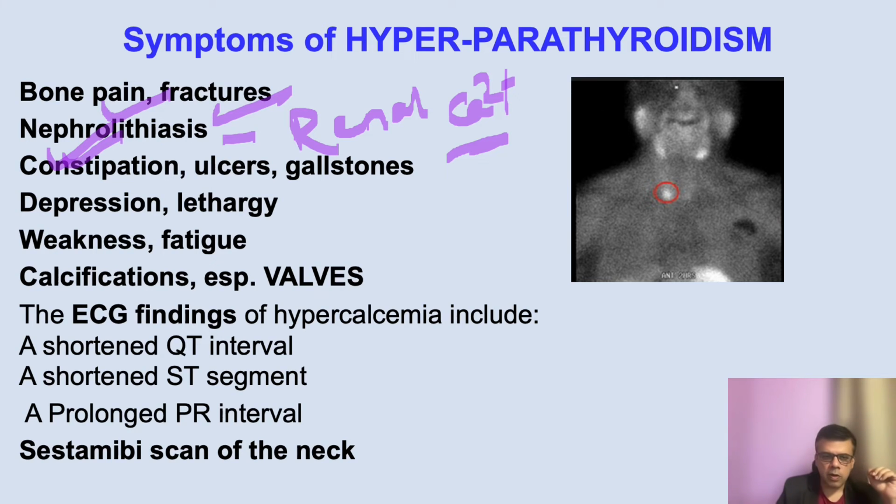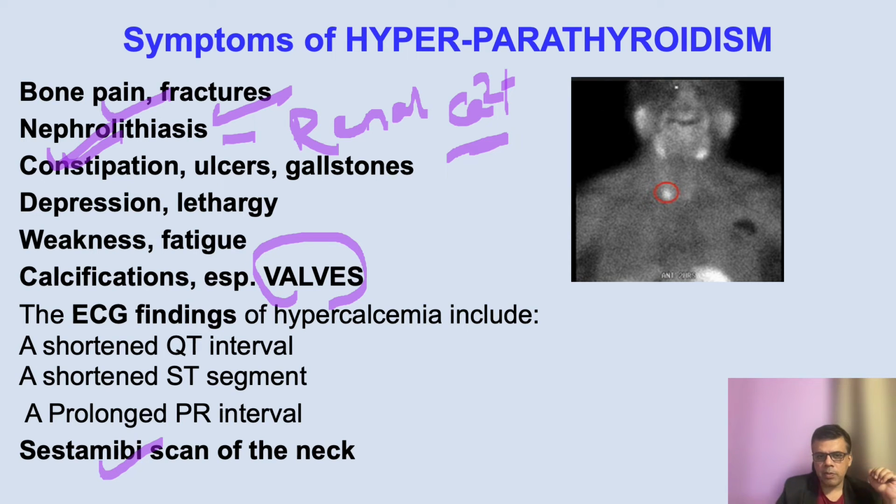Constipation, ulcers, and gallstones can be associated, and increased calcium level will cause depression, lethargy, weakness, and fatigue. Calcification may also be noted in the valves, possibly leading to heart valve destruction. ECG findings of hypercalcemia will be shortened QT interval, shortened ST, and prolonged PR interval.